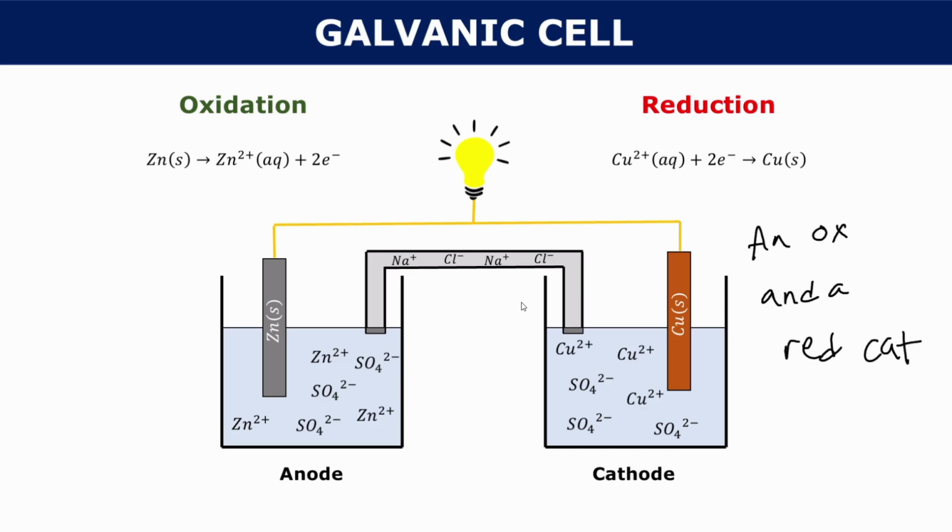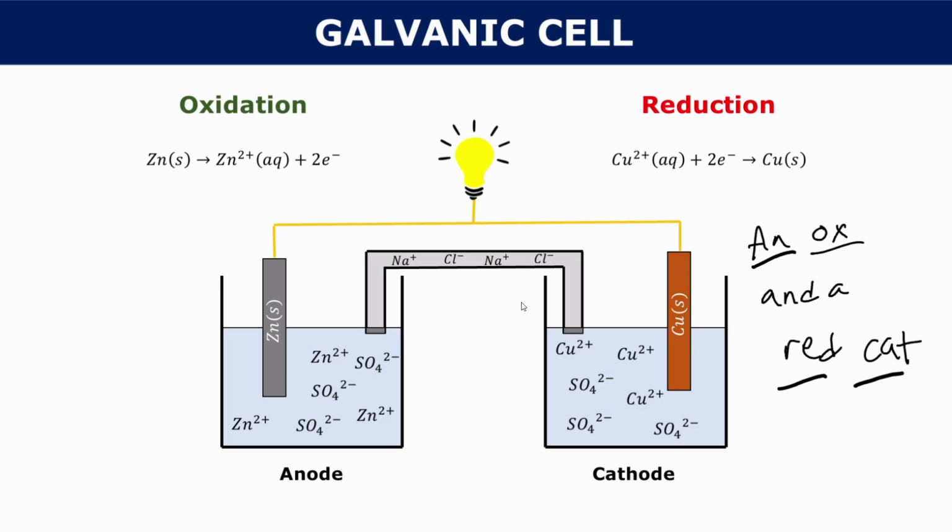I think I made this up. I don't think I saw this anywhere, but for some reason it just helps me remember it. So an represents anode, anode is ox, ox represents oxidation, and then we have red. Red stands for reduction, and then cat stands for cathode. It helps me. If you want to make up your own one, feel free to do so. Just use whatever helps you memorize it.